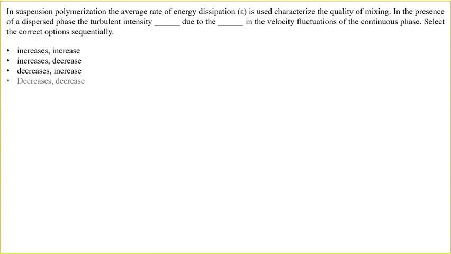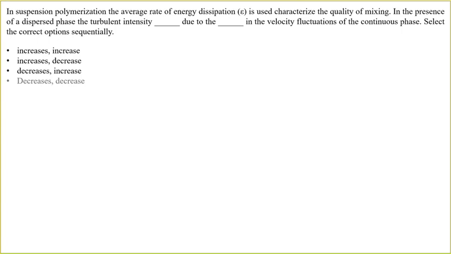So in the presence of a dispersed phase, the turbulent intensity decreases due to the decrease in velocity fluctuation of the continuous phase. So there are the dispersed phase and the continuous phase.